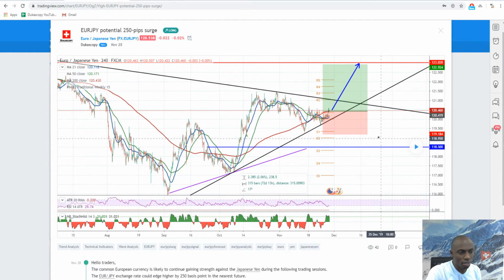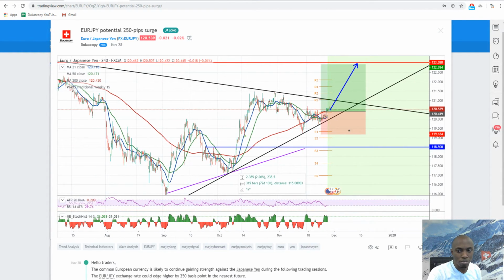Euro USD, Yanis said he already feels that. So if you go to TradingView, Dukascopy profile, I usually give what I think will happen in the market, and I give you the prediction of whether it is 100 pips, 200 pips or so. You can see a potential 250 pip surge for the Euro JPY already posted on our website, and it already started moving.